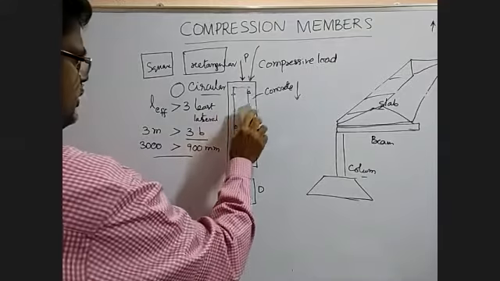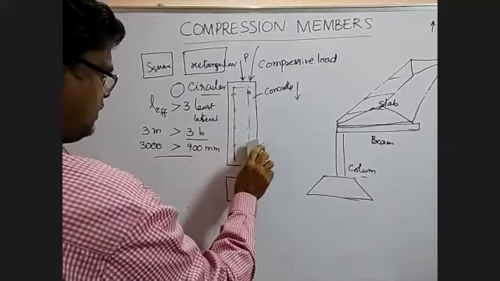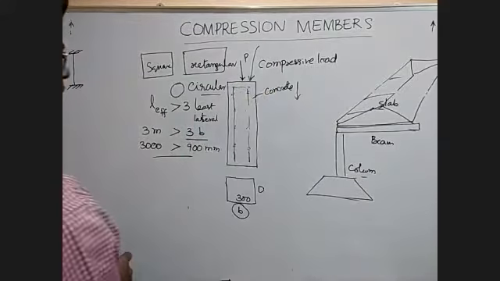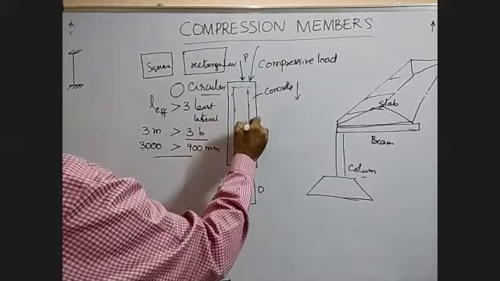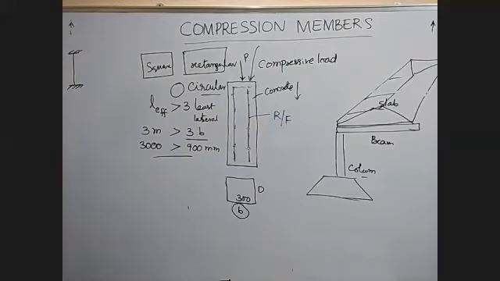The column already has concrete. The concrete is strong in compression. The concrete will take care of the compressive force. Then what is the necessity of providing this reinforcement here? Already you have strong concrete in this column, and then what is the necessity of providing the reinforcements?